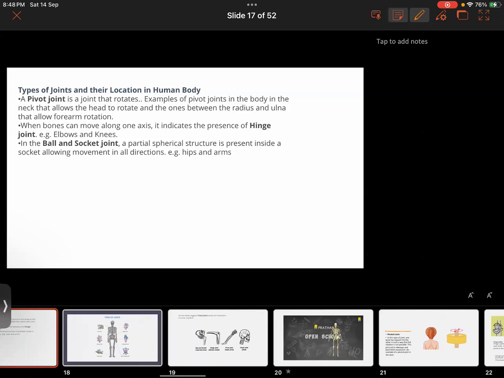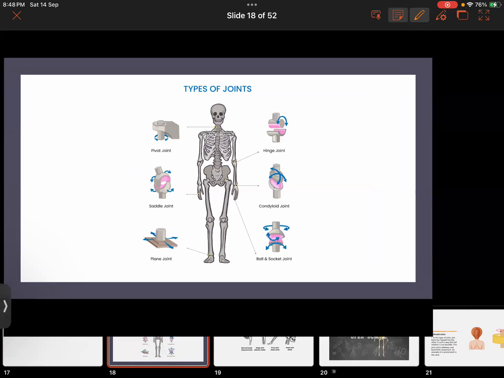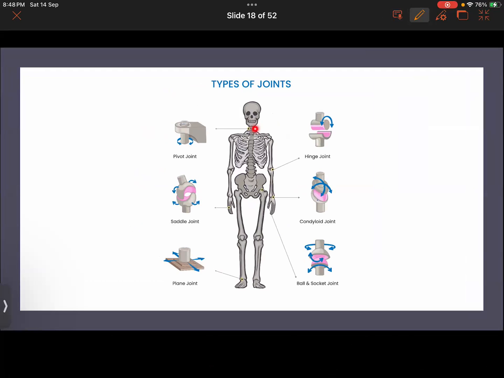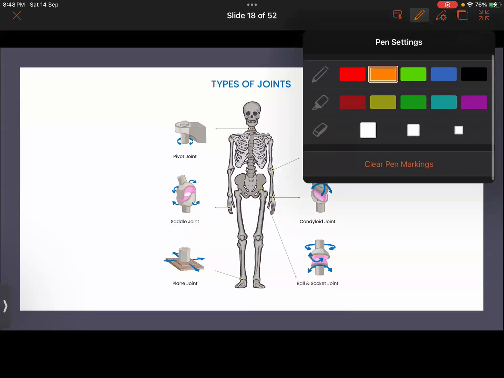Have a look at this image here. Wherever rotation is possible, there the pivot joint will be present. Getting my point? The kind of joint present in the neck is called a pivot joint.